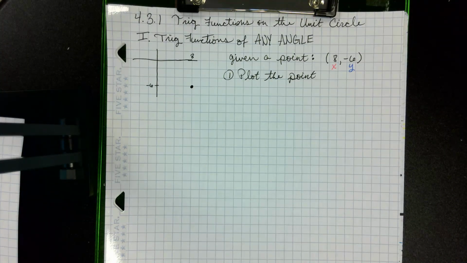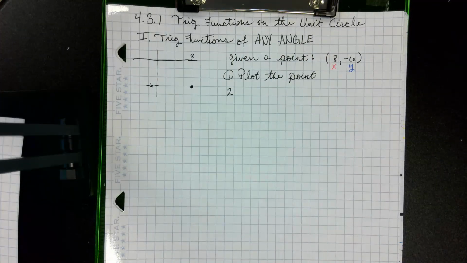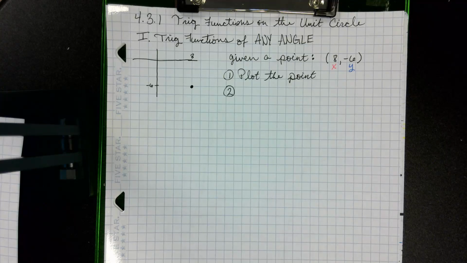By the way, the instructions for this type of question would be to write the 6 trigonometric functions given the point (8, -6). So we're going to write sine, cosine, tangent, cosecant, secant, cotangent, all from the point (8, -6).